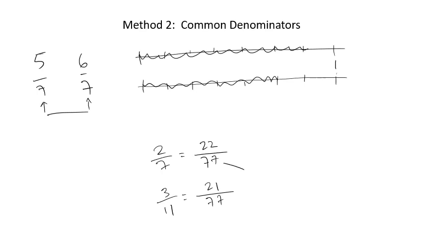Once we have the same size pieces, we can just compare the numerators, and it's a fairly direct process from here. As it turns out, the 3 was more pieces, but they're just that much smaller, so 3 of these pieces is actually less than 2 of these pieces. 3 elevenths is actually just a little bit smaller than 2 sevenths.